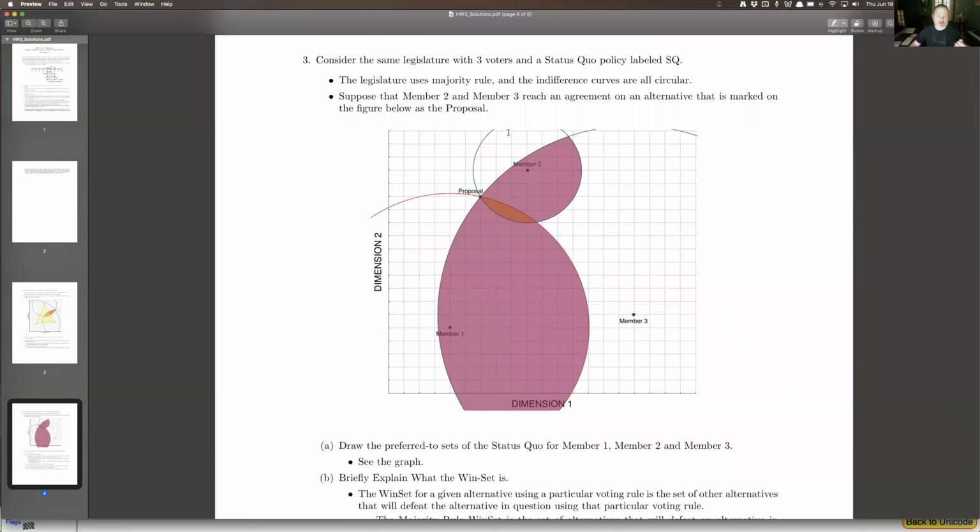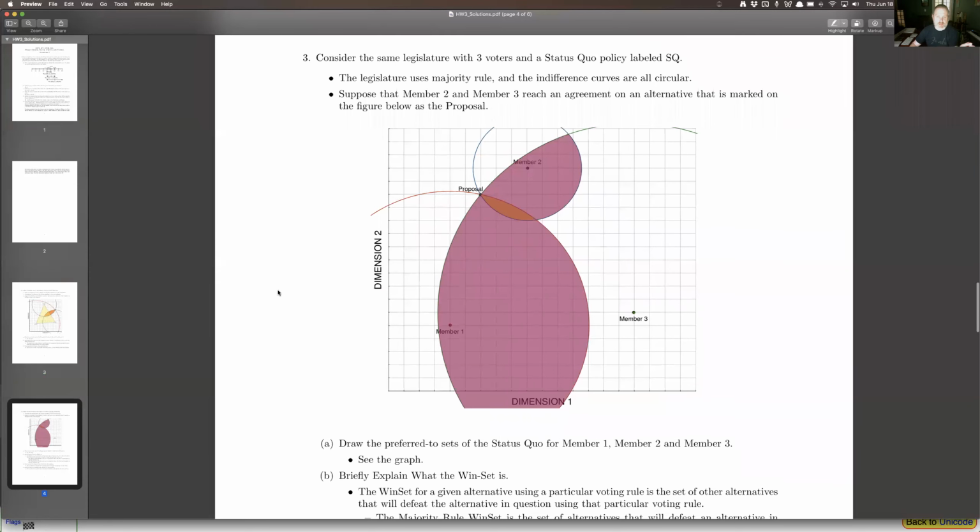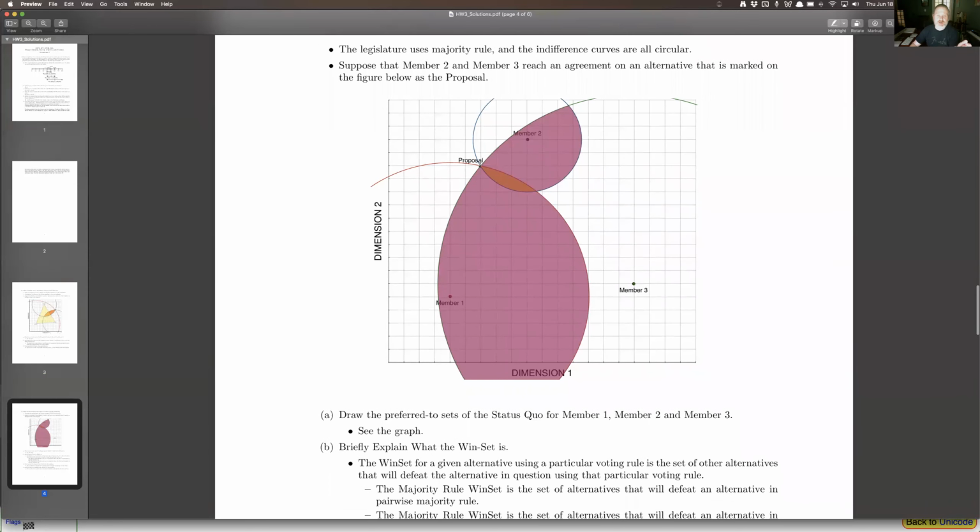Now, number 3, same 3 voters, but I asked you to do some different things, all right? So member 2 and member 3 have reached an agreement, reached a proposal that we're going to consider here. And then I ask you to draw the preferred-to sets. I say of the status quo. Sorry, that's a typo. Everybody on the homework got it correctly though. I should have labeled this the status quo in both places or the proposal in both places.